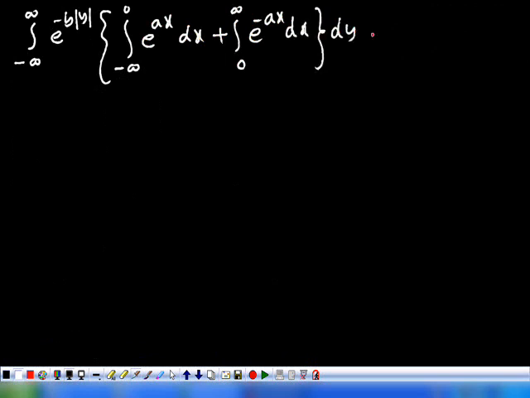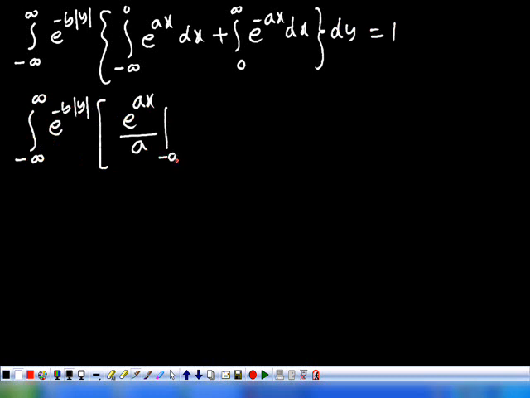This is dy equivalent to 1. Then this is the integral from minus infinity to plus infinity of e power minus b mod y. Here e power ax divided by a from minus infinity to 0, plus e power minus ax by minus a from 0 to infinity.